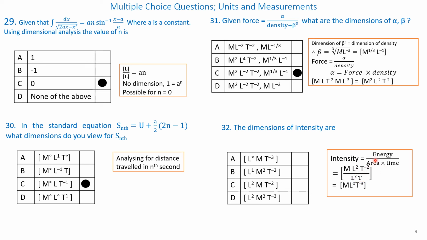Therefore, the dimensions of right hand side are m L square t to the power of minus 2 divided by L square t. Simplifying, L square and L square get cancelled. M into L to the power of 0 and t to the power of minus 3. This option m L to the power of 0 t to the power of minus 3 is available in option A. Please mark it. Next question.